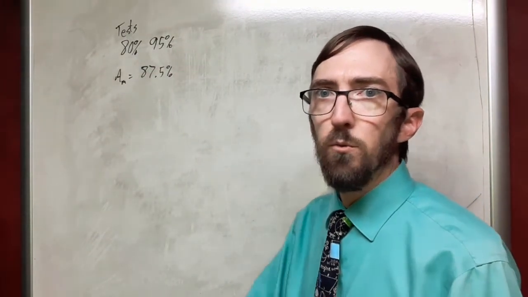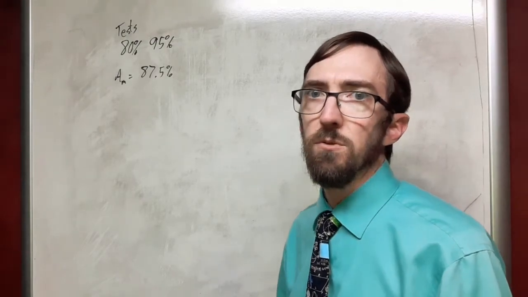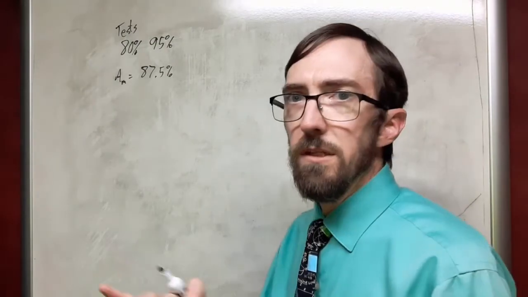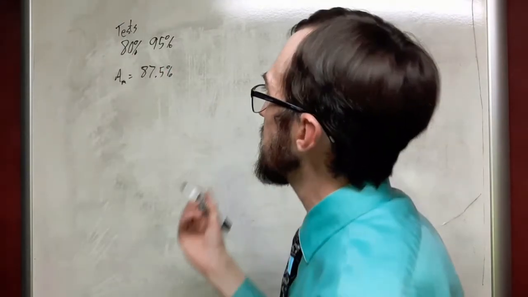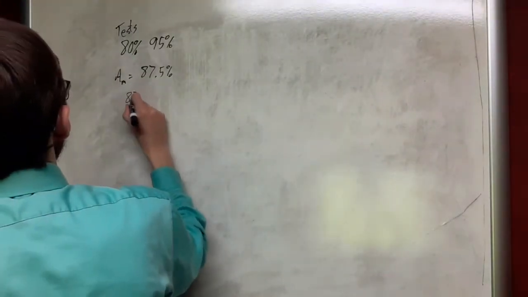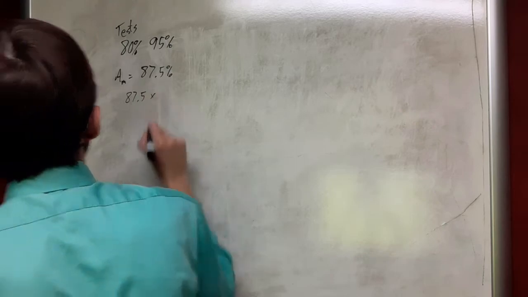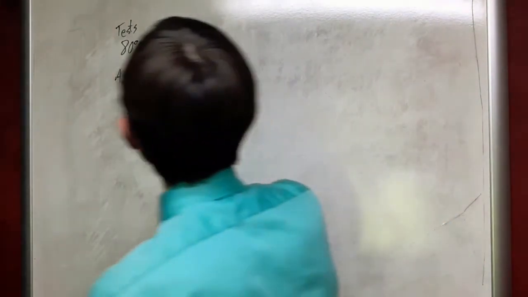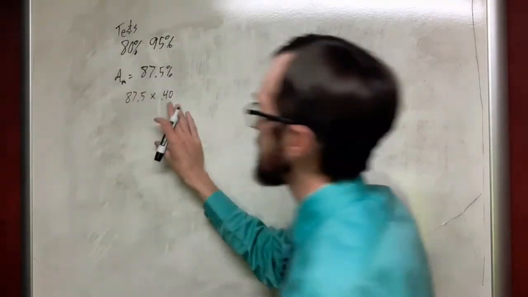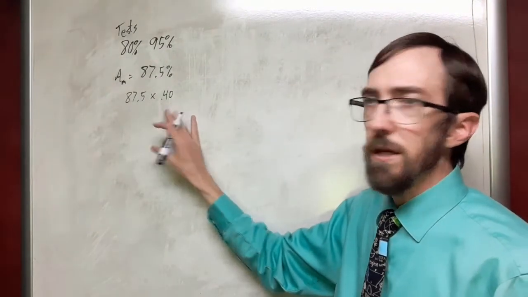Now that's not the weighted average that goes into our calculation. We need to account for the weight. We said tests were 40%. So we're going to take 87.5 and multiply it by 0.40. That's the 40% weight.